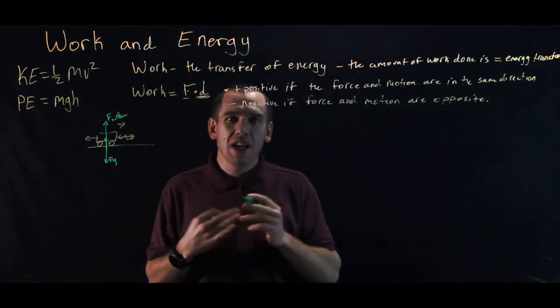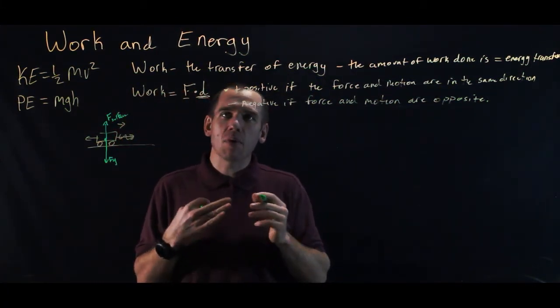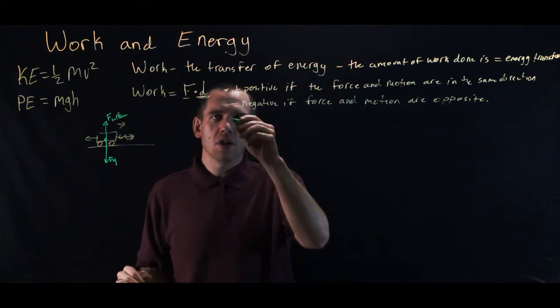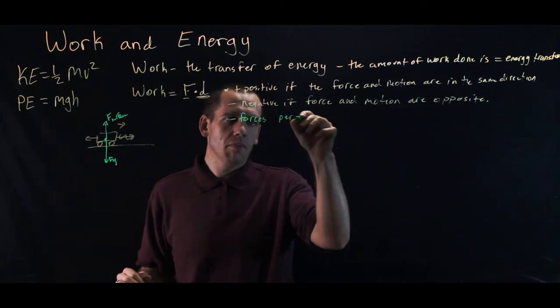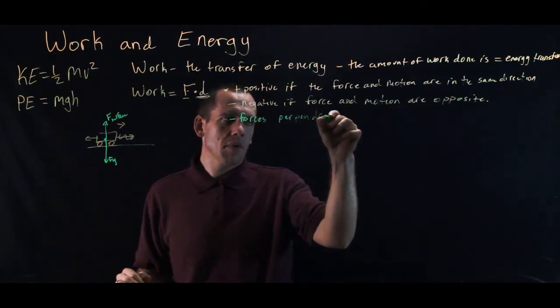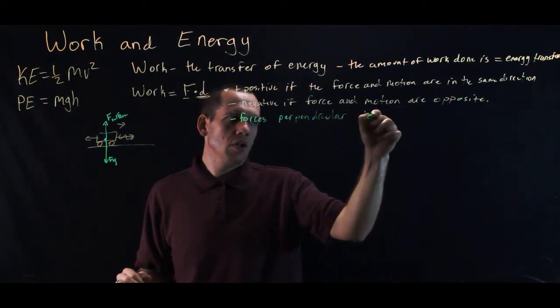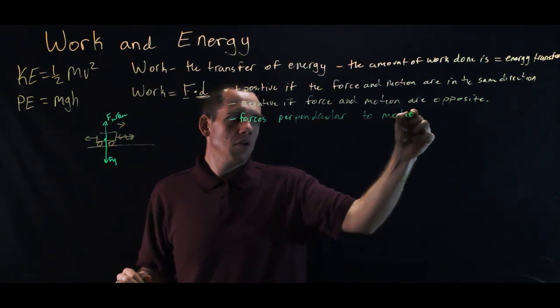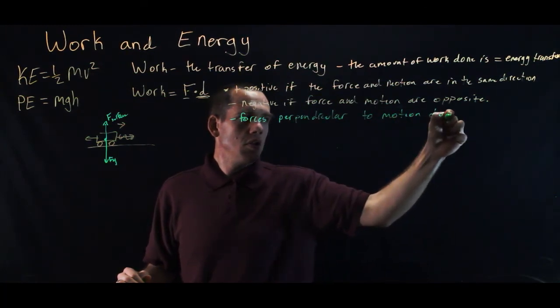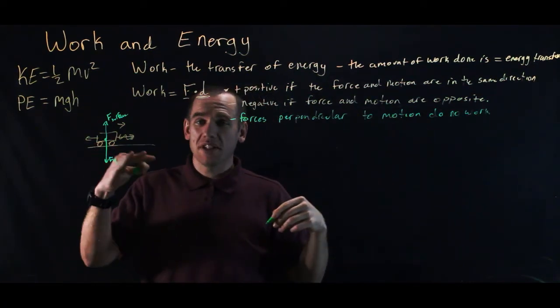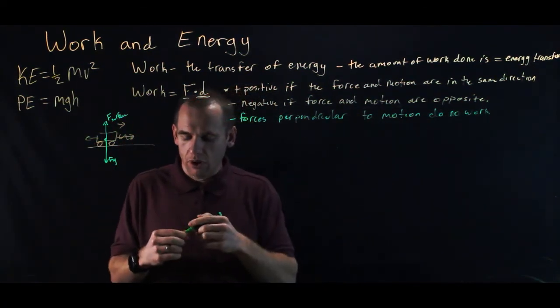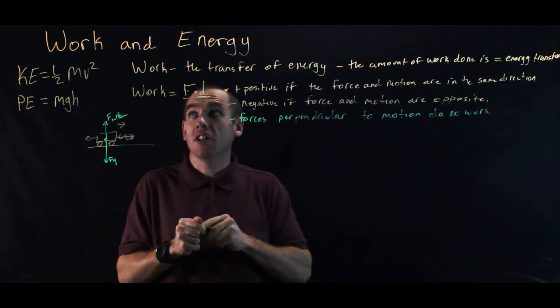Those two forces didn't do any work because they are perpendicular to the motion. So forces perpendicular to the motion do no work. And in fact, you can have forces that are in between that will only do some work. We won't get too much into that.